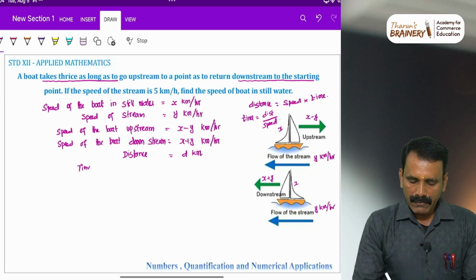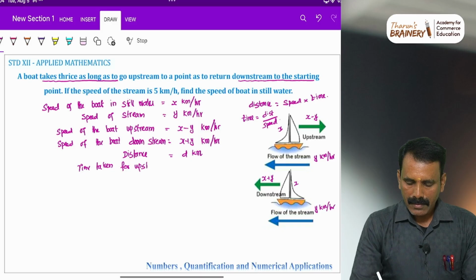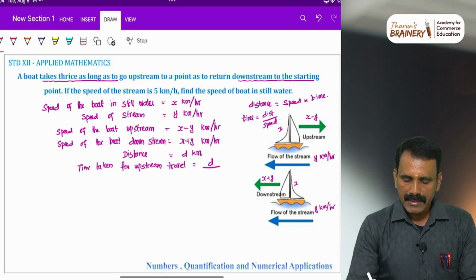Now time taken for upstream travel is equal to distance by speed, d divided by the speed for upstream travel, which is x minus y.